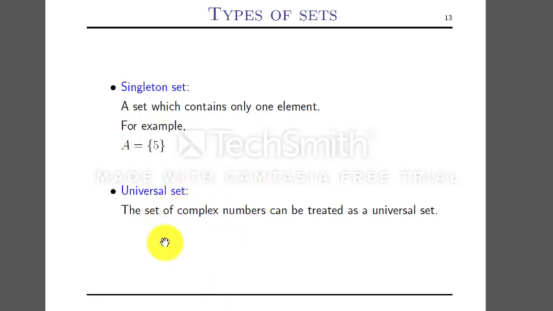So the set of complex numbers can be treated as the universal set because it is bigger than the set of real numbers, and it contains all numbers. Every number belongs to this set of complex numbers. It contains real numbers and imaginary numbers.